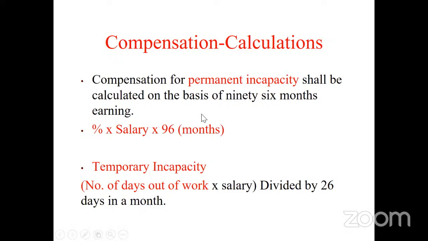Now let's go back to how we are supposed to calculate. For permanent incapacity, as per the first schedule of WIBA, you will see the percentages one should look at. Remember when I spoke about the DHPs, the designated medical health practitioners, they usually assist in this.